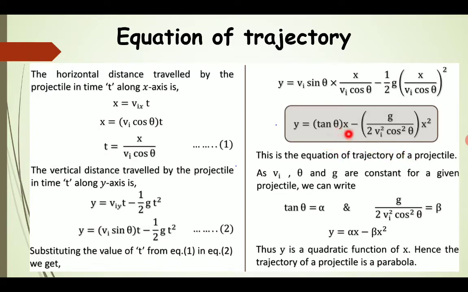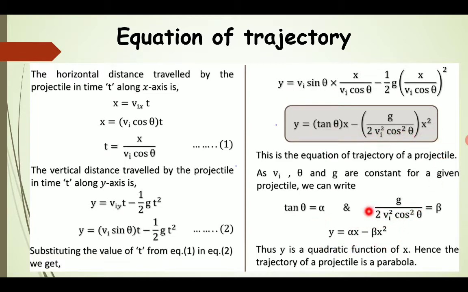Trajectory means it has the horizontal component as well as the vertical distance traveled by the projectile. Here Vi, theta and g are constant terms. So for a given projectile we can write that tangent of theta is equal to alpha, and the other quantity is represented by some constant beta. We write the equation as y equals alpha x minus beta x square.